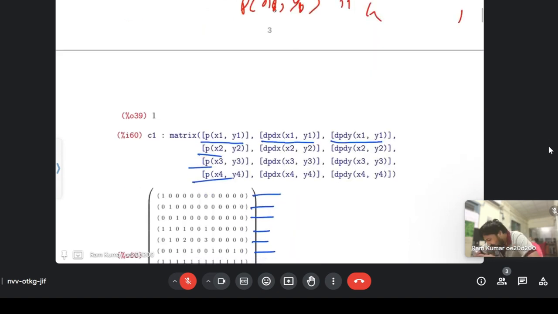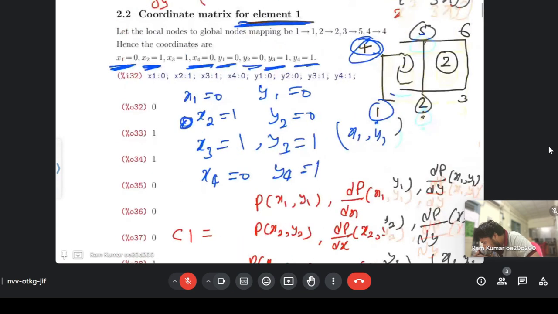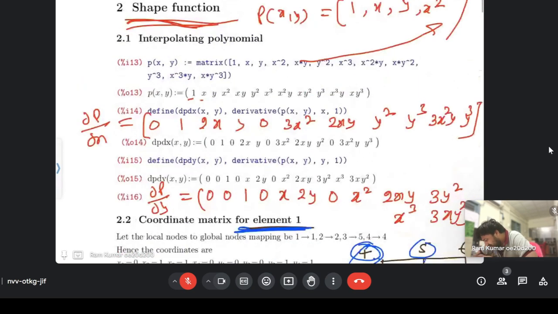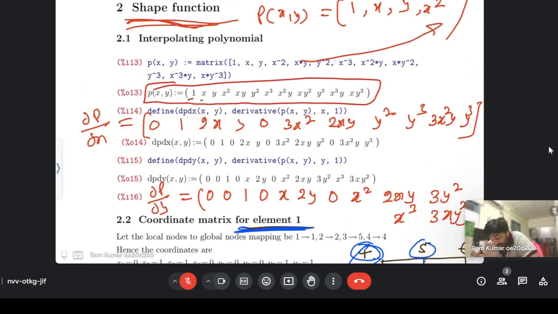So now what will be p at x1 y1? This is our p. It has 8 elements. No, it has 12 elements. 1, 2, 3, 4, 5, 6, 7, 8, 9, 10, 11, 12.